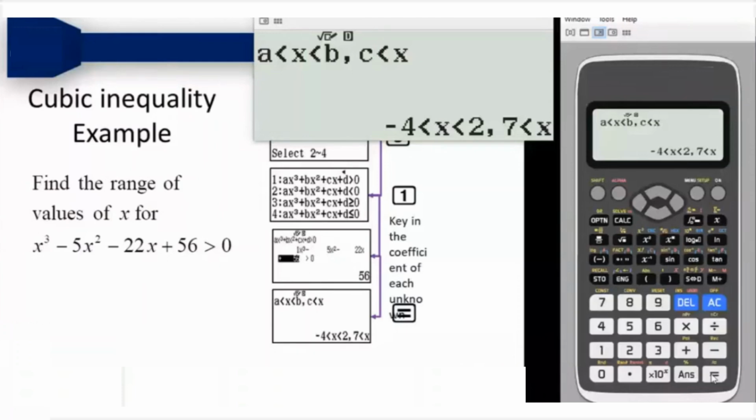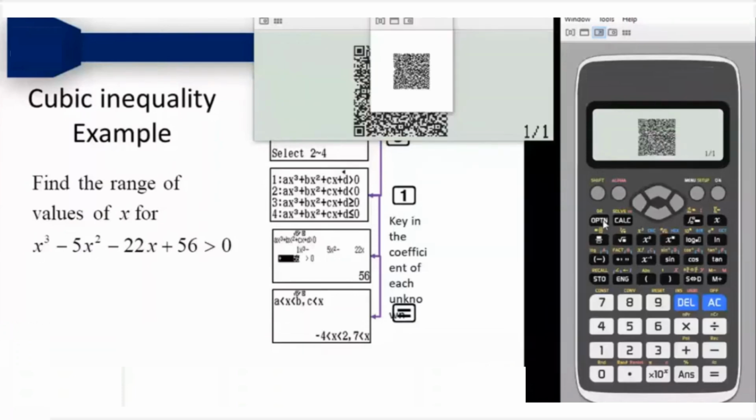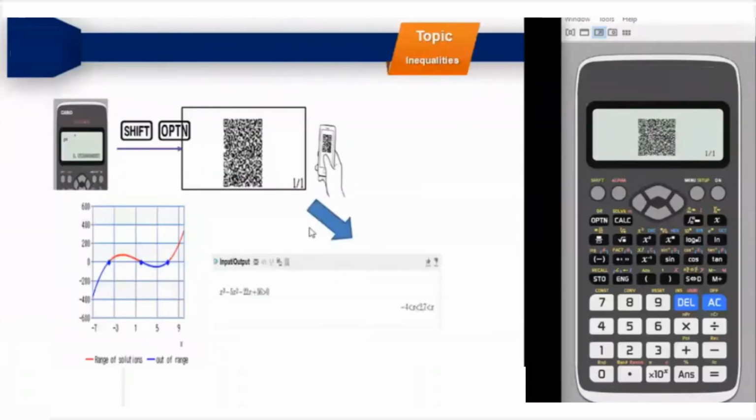If I want to visualize it, I will once again press shift and I will press the option button to achieve the QR code. Once I scan the QR code, I will get something like this. So all those who have scanned the QR codes, I hope now you are familiar with scanning of QR codes.